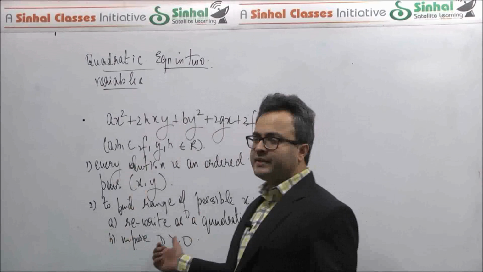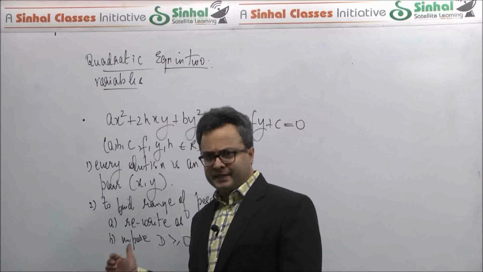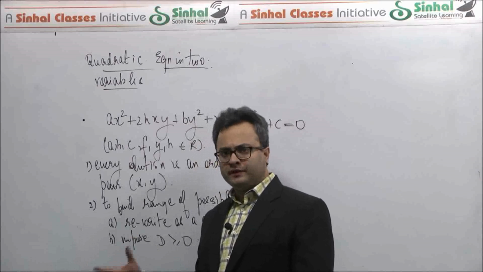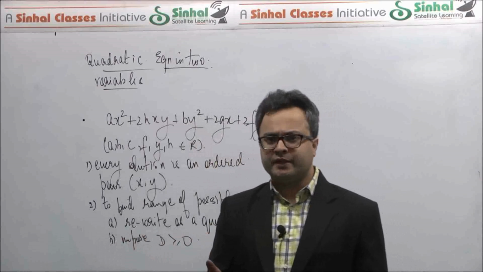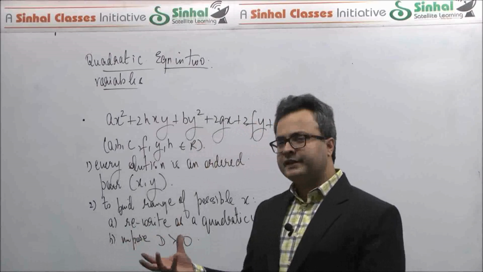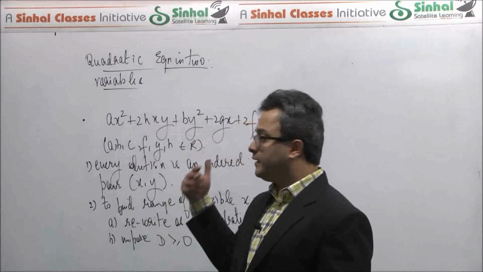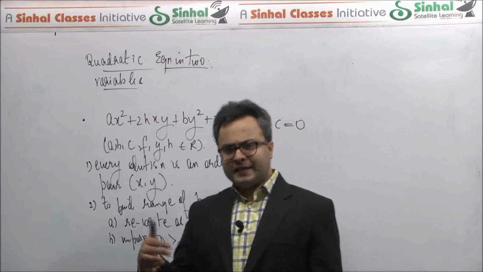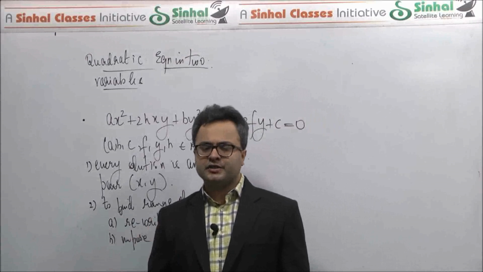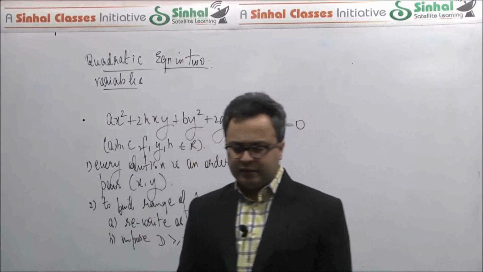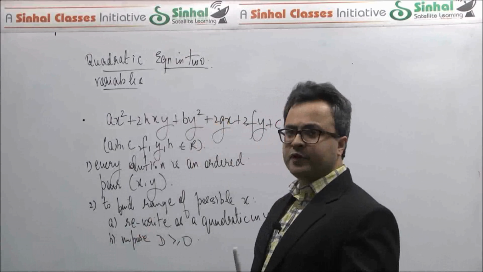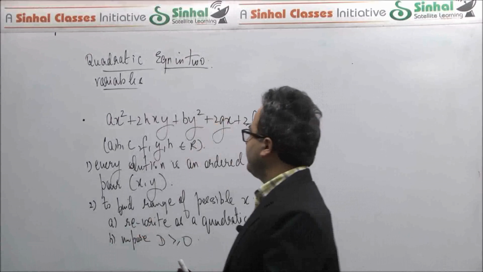So what that will give us is a quadratic inequality in x, which when you solve, you will get the corresponding range of values of x. And similarly, if you want to find the range of values of y, you can rewrite the equation as a quadratic in x and then impose the condition that the discriminant must be greater than or equal to 0. Right? So let's just take a few examples and illustrate that idea.